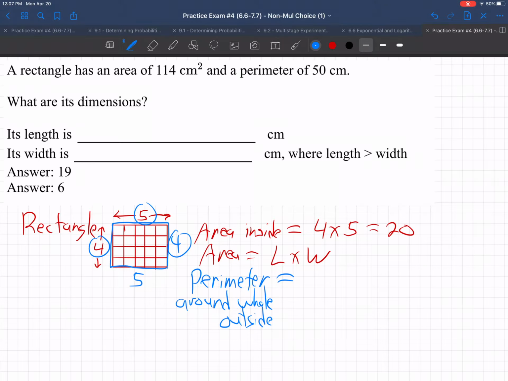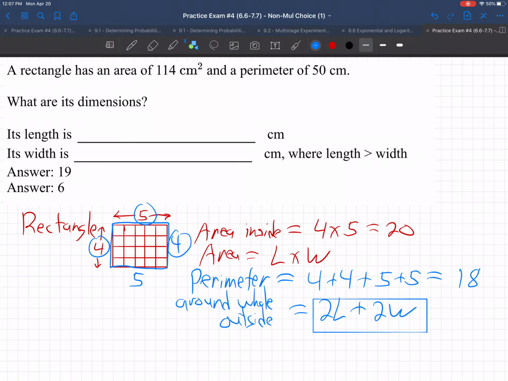To go around the whole outside would be 4 twice and 5 twice, all added up. What's that, 18? So in other words, notice the perimeter formula is 2 lengths and 2 widths added up. So here we have the perimeter formula, and here we have the area formula for a rectangle.